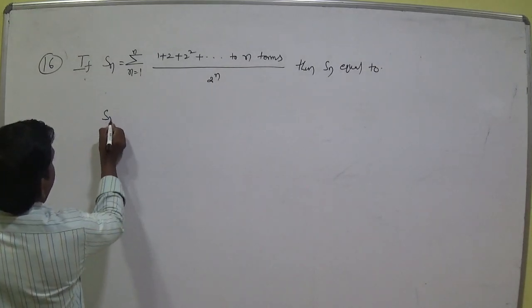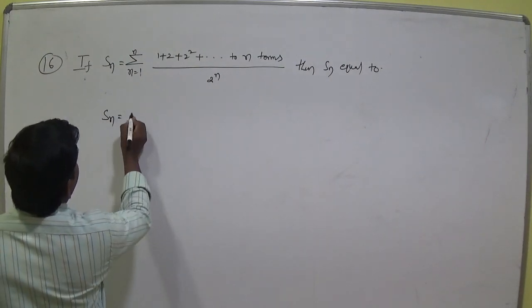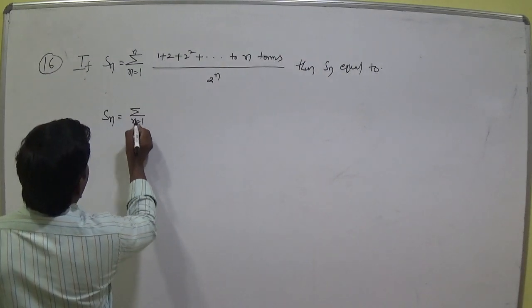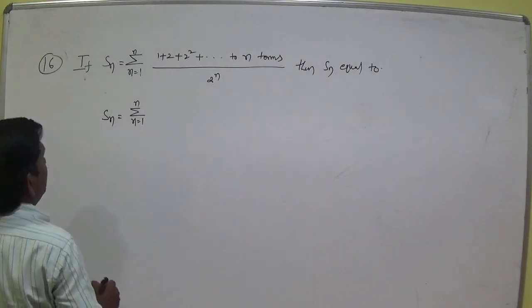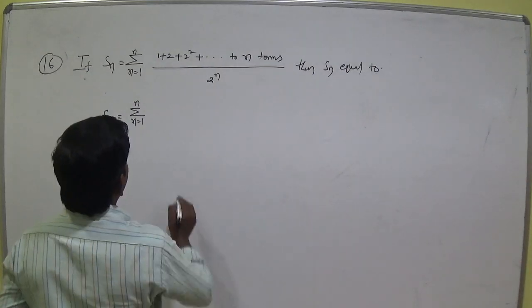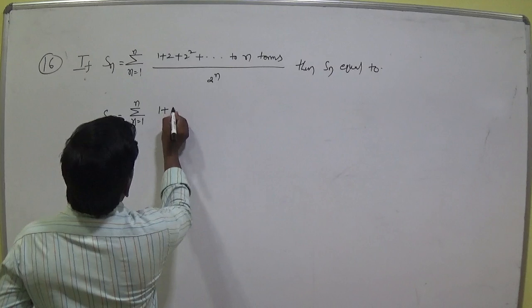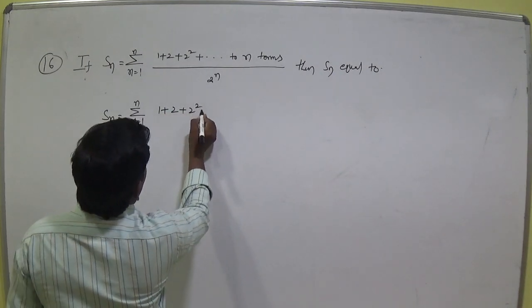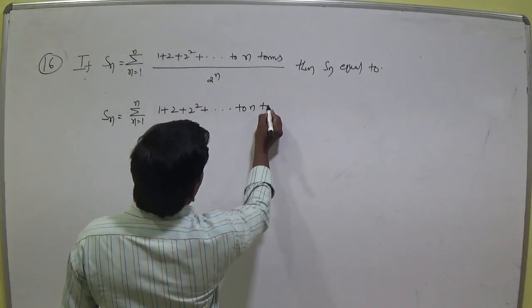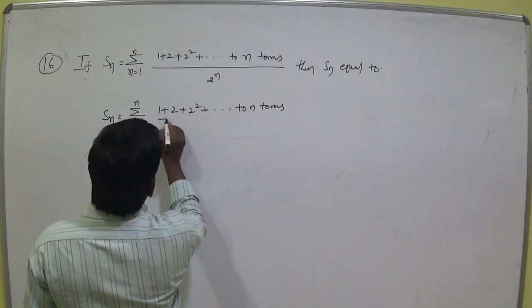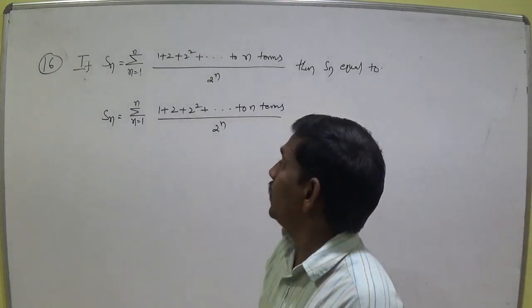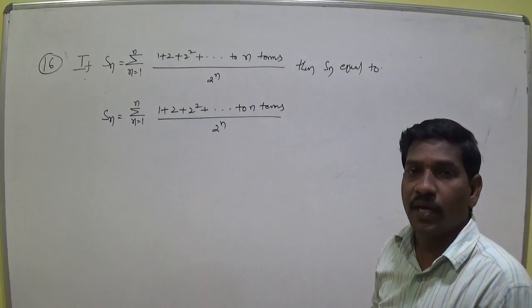Here take Sn equal to sigma n equal to 1 to n, of 1 plus 2 plus 2 square plus so on to n terms, divided by 2 power n.